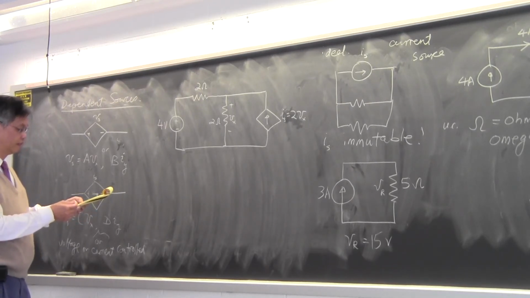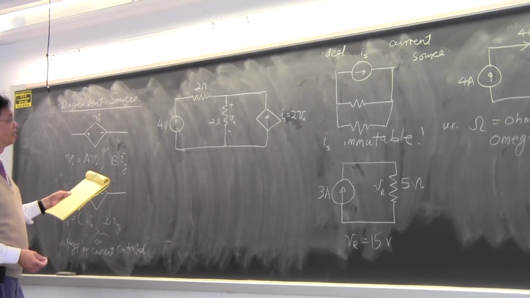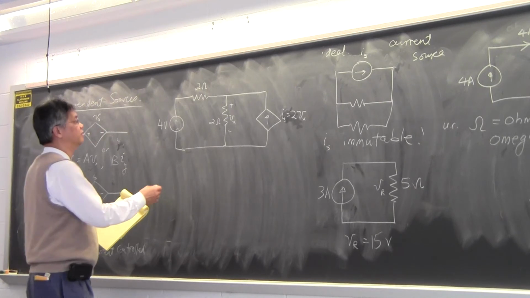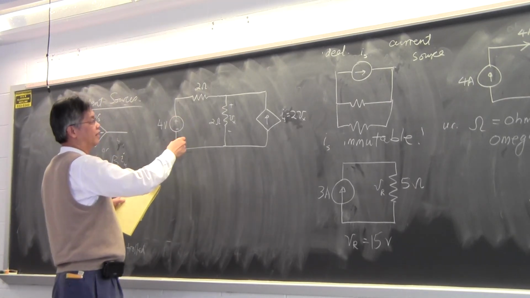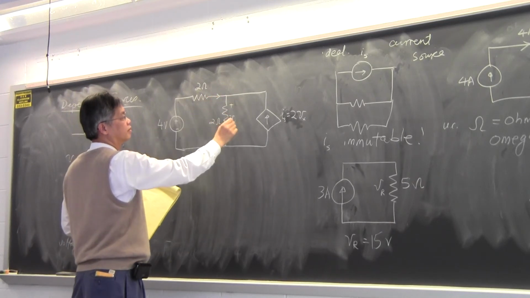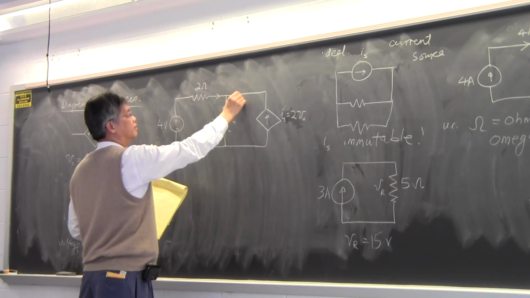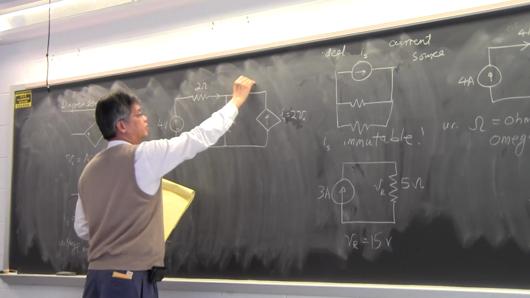So I set up Kirchhoff current law and Kirchhoff voltage law. If I look at this now, this current here, Is, must be 2Vx.